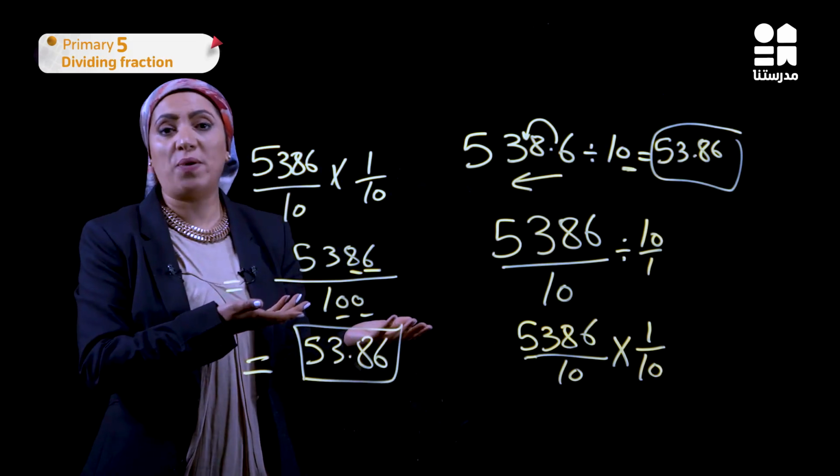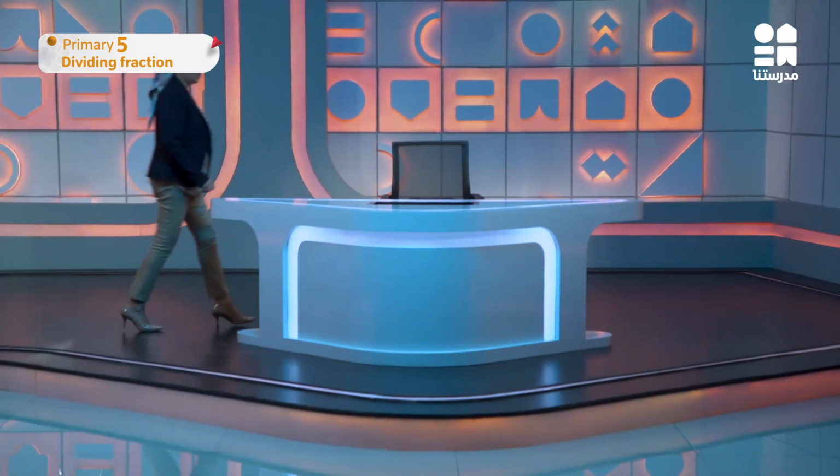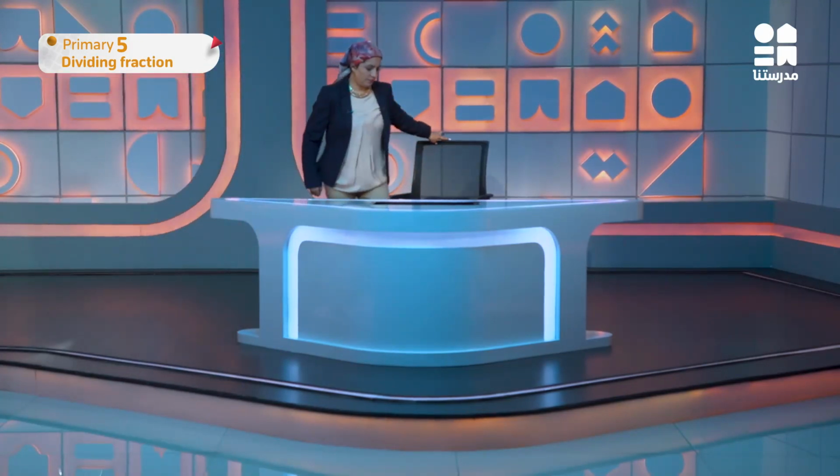Now let's go back to our examples. So now we know where this idea came from, or why we have to answer it this way. Again, according to the number of zeros, I move the decimal point to the left.